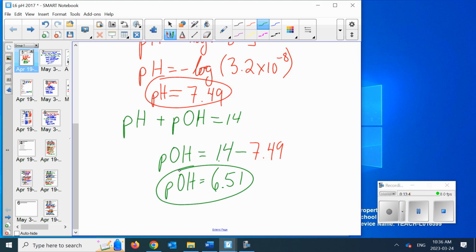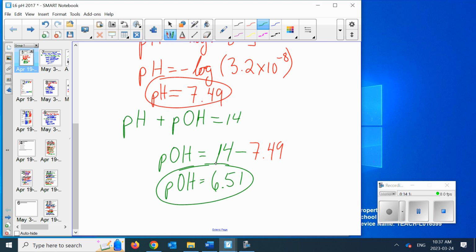Now, we have something that describes pOH. On the pH scale, we talked about it a little bit: 7 is neutral. Smaller than 7, so 3, that's acidic. It's 14 at the top.